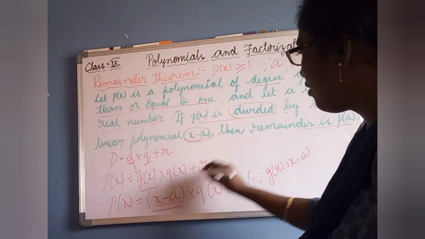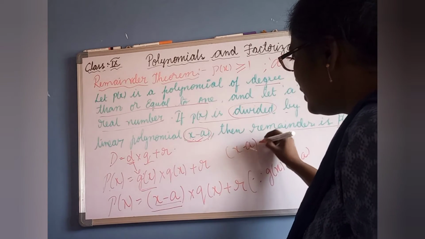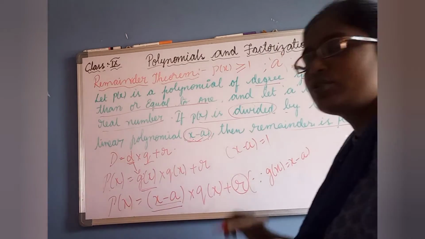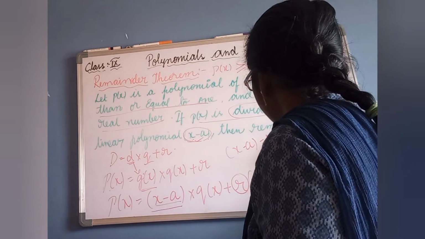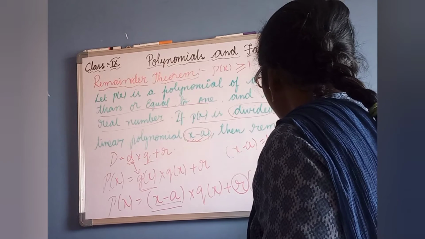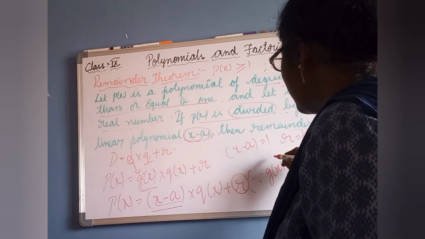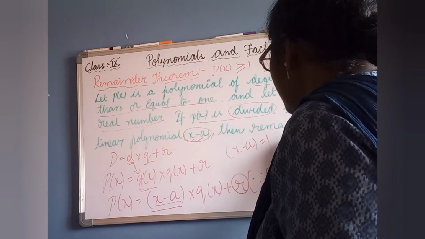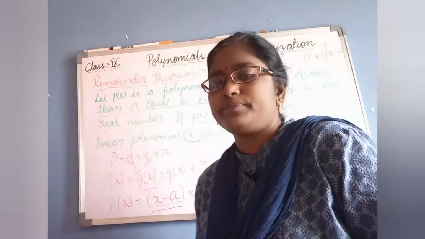And what is the degree of r? The remainder r is a constant, that is k, which has degree 0, which is less than 1.